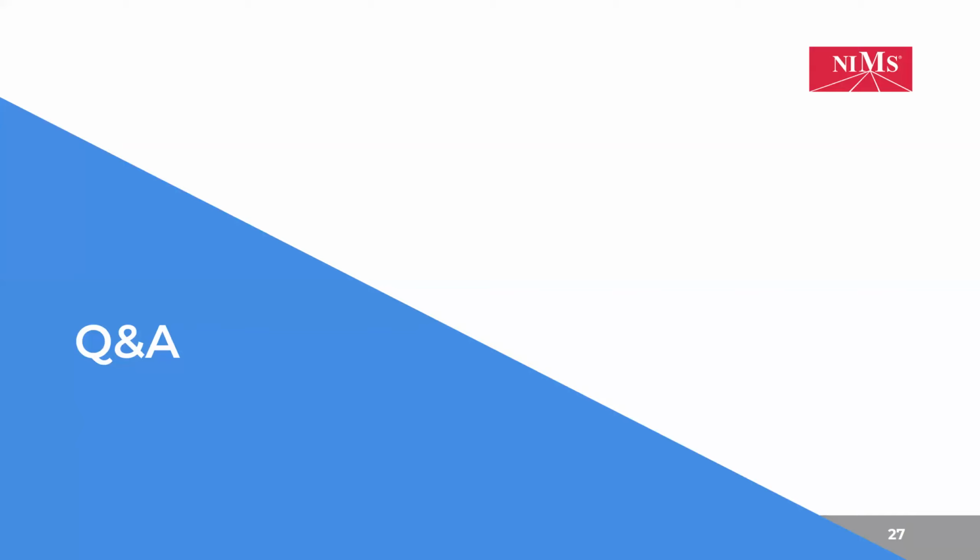Okay. Let's see. So someone asked what the testing window is for students. I think I can answer that if I'm understanding the question correctly. This will operate just like any other NIMS credential, where they can complete the performance and take the test in any order.